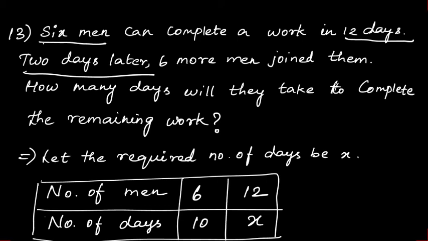So here, as the number of men increases, the number of days decreases. So therefore they are in inverse proportion.